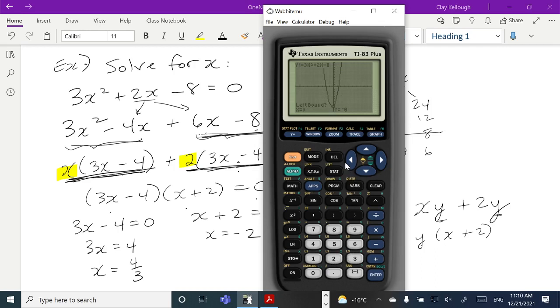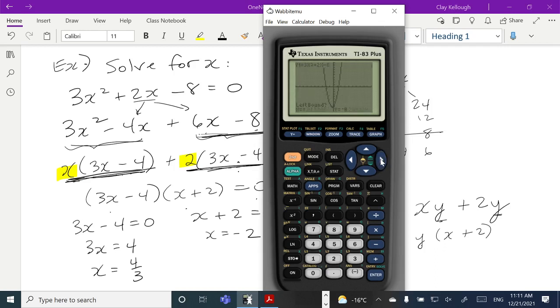So let's see, what's my left boundary? That's too far over. I want this one. So go to the left of it, enter, move to the right of it, enter. It's going to make a dumb guess, and then you hit enter again, and there's -2. There's one of my answers. Let's find the other one. Calculate the 0, and let's move to the other point.